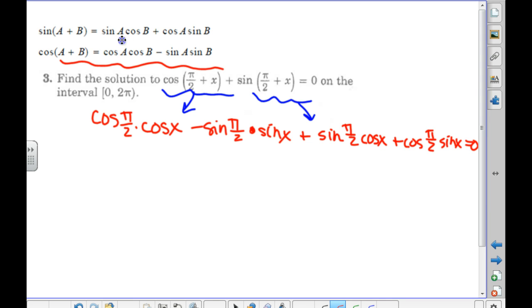Everybody okay with where those came from up here and here? All right. Now, we're going to trade out values. What is the cosine at pi over 2? So that one's going to, this whole thing multiplied times 0, gone. Okay, sine at pi over 2. So this is going to be negative 1 times the sine, or just negative sine.